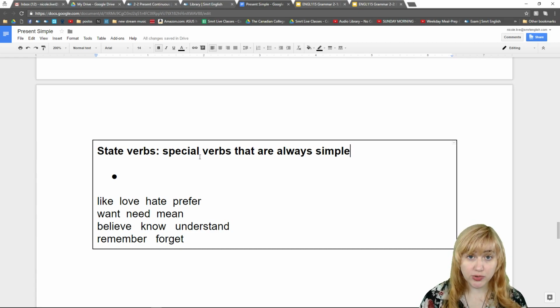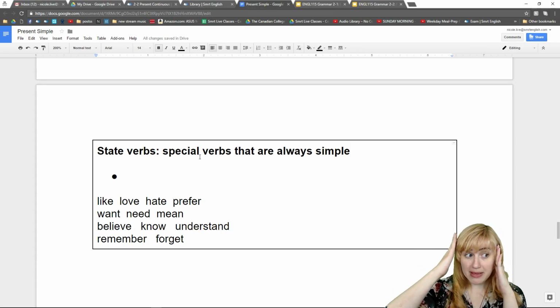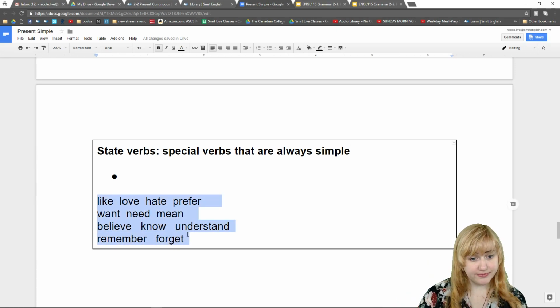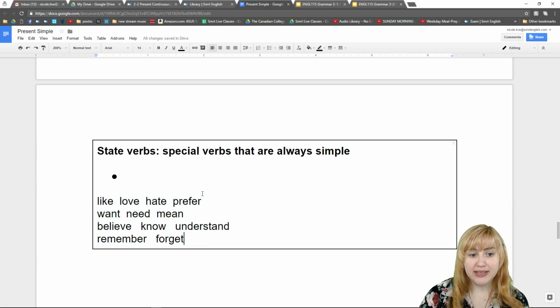We don't use the continuous form. So some verbs we just always use with present simple. And you just have to memorize them. These are some. There are more. I just put a few examples. But I'll write a few example sentences so you can see what I mean.